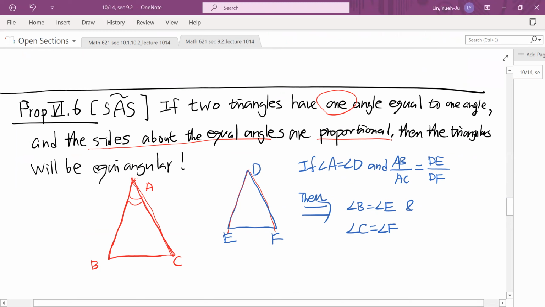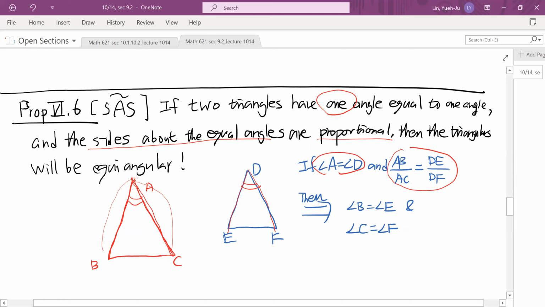So if they're equiangular, right, then all the angles are equal, right? Then from AA again, it's going to be similar. So it's like two steps, right? So this tells you if you have two triangles ABC and DEF like this, if you have one angle A and D to be equal, and the sides which subtend this angle are in proportion, right? This is two assumptions.